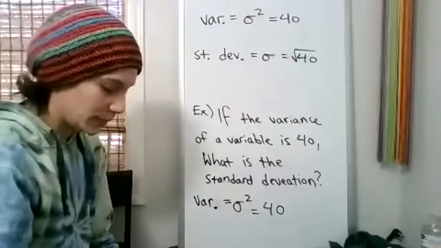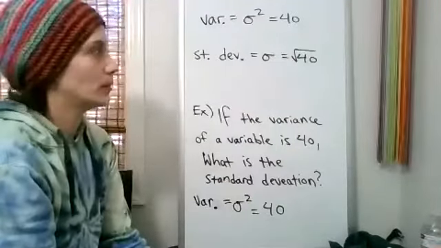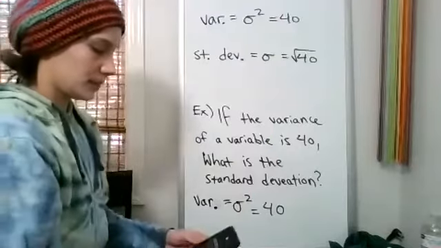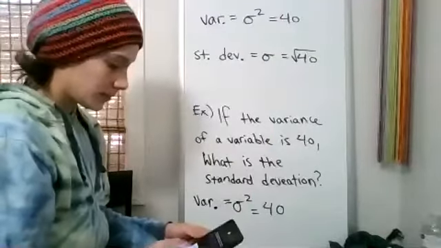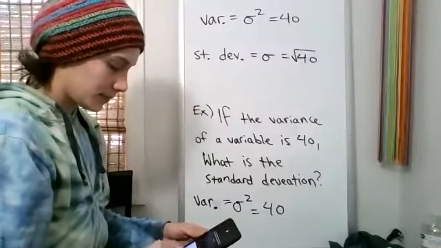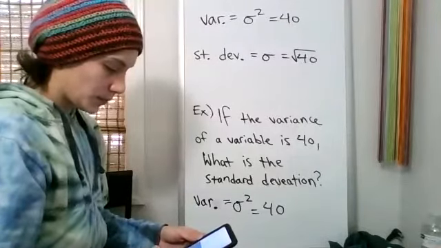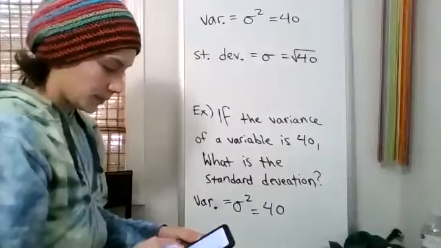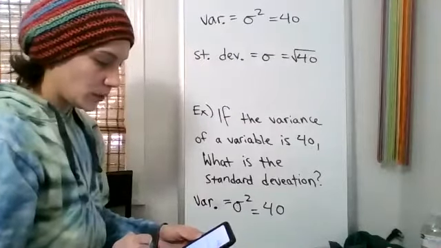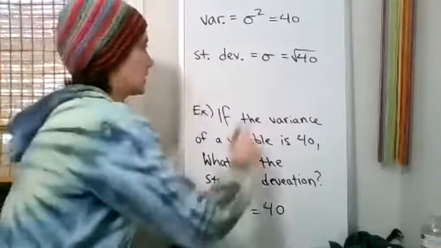So the root of 40 is 6.32. Let's go with that.